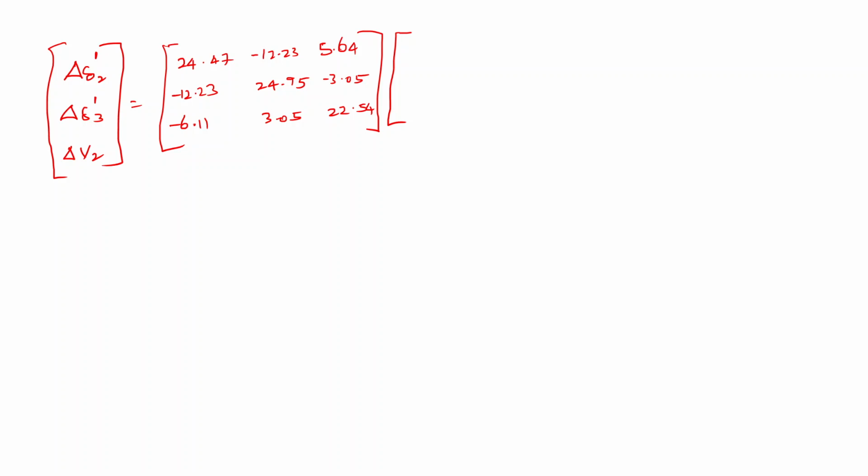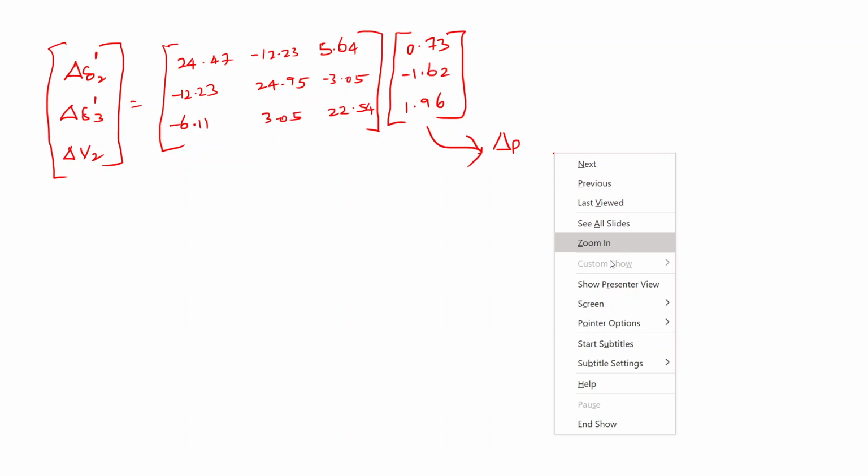Here it is 0.73 and it is minus 1.62 and here it is 1.96. So how did we get these values? This value is nothing but ΔP. Sorry, just a minute. I'll explain how we got these values.